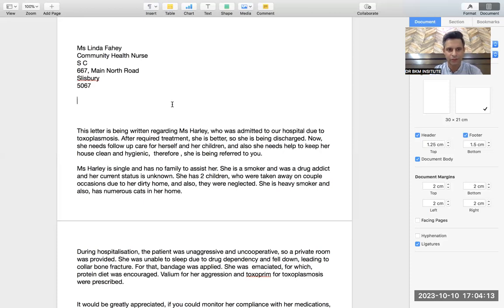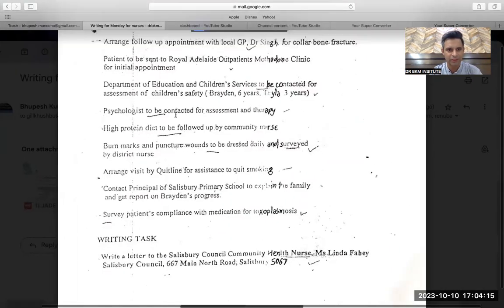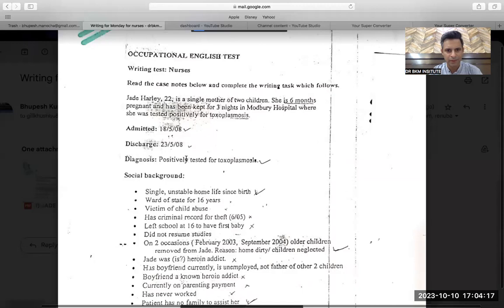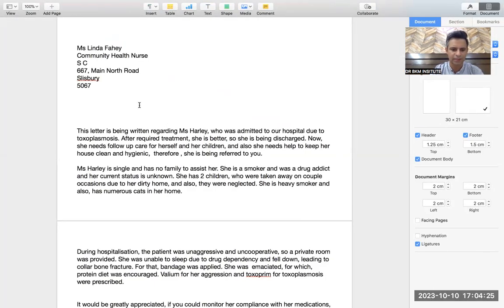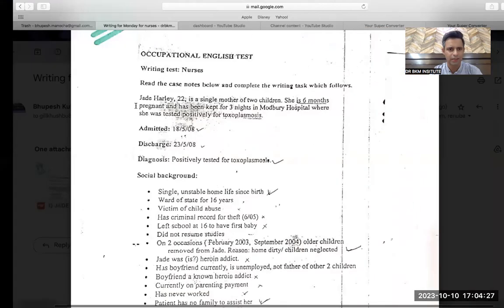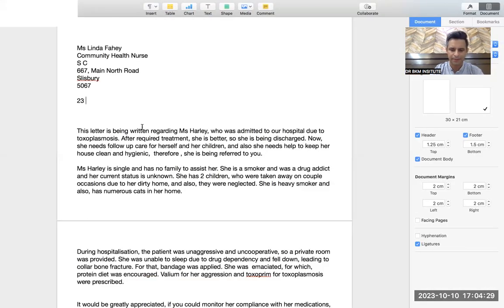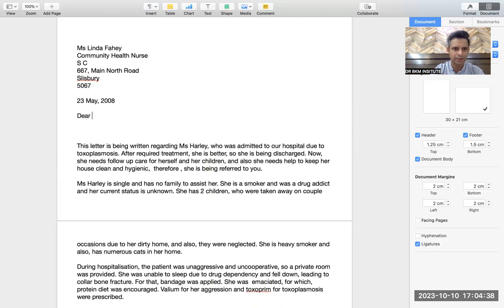And then you write today's date. Today's date was 23rd because the patient was discharged on 23/5/2008. So I always take the last date. 23 May 2008. And then "Dear Ms Fay".